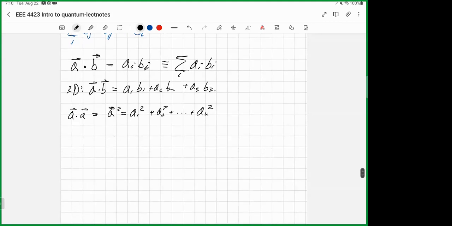And by definition, the length of a vector is the square root of a squared, which is the square root of a_1 squared plus a_2 squared, all the way up to a_n squared.